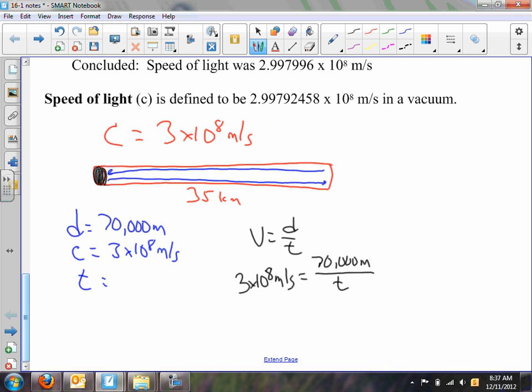When you calculate that out, taking 70,000 divided by 3 times 10 to the 8th meters per second, the time it would have taken is 2.3 times 10 to the negative 4th seconds, or 0.00023 seconds.